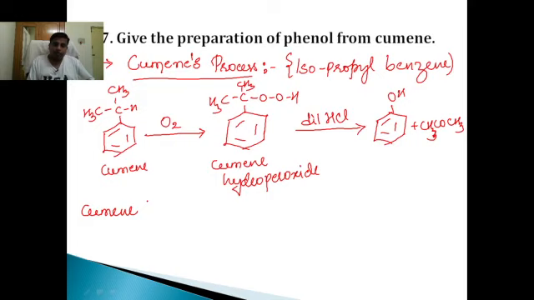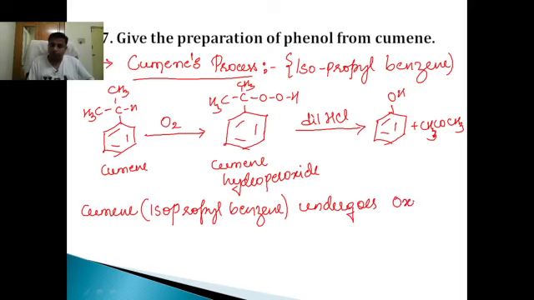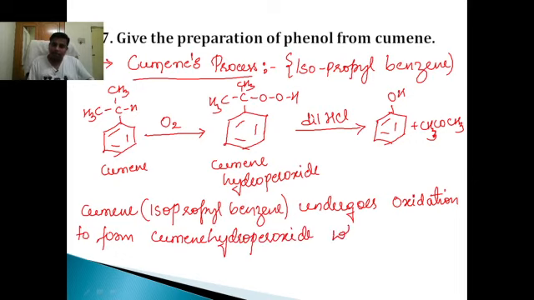Cumene, that is isopropyl benzene, undergoes oxidation to form cumene hydroperoxide, which on acidification with dilute HCl forms phenol.